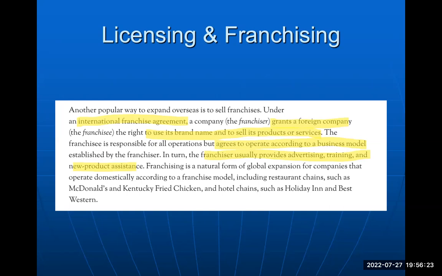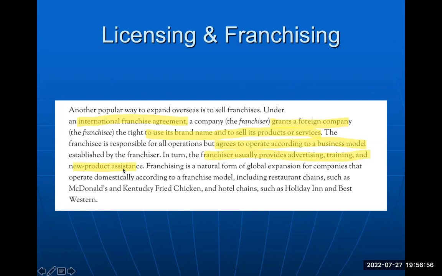So the franchisee who signs the agreement with KFC, which I think is based in the United States, is given permission to use KFC's brand and the way they make the chicken. This is why the franchisor, which is the owner of the brand name, is responsible for training, advertising, and new product assistance.